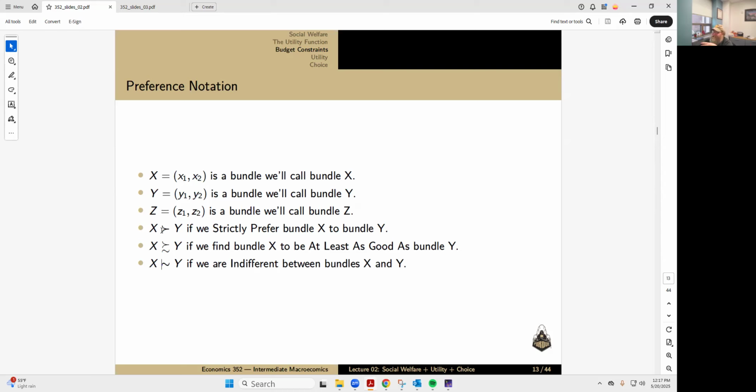If X is at least as good as Y, X might produce more utility than Y, but it produces at least as much utility as Y. And then if X is indifferent to Y, then we can think about them as producing the same amount of utility. Again, that is assuming the prices are the same.